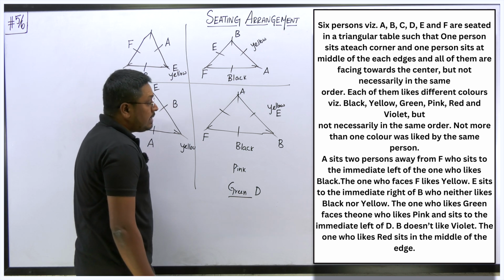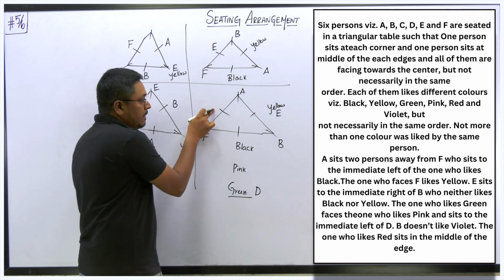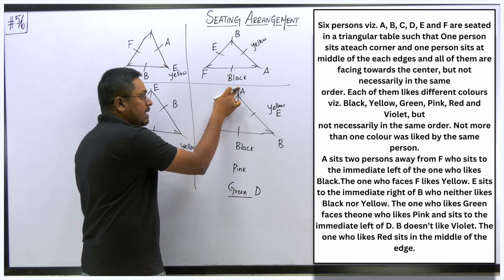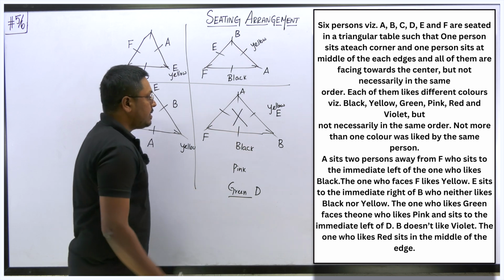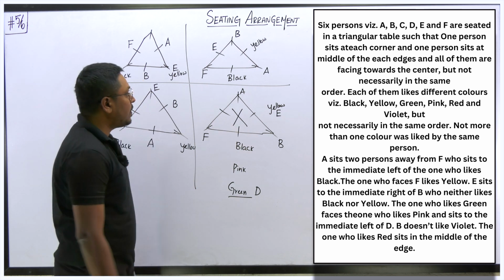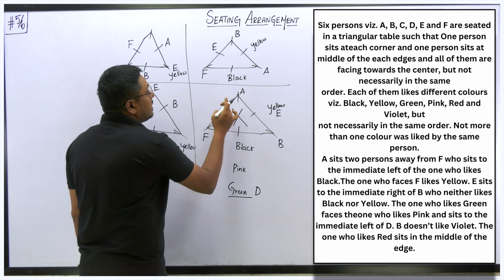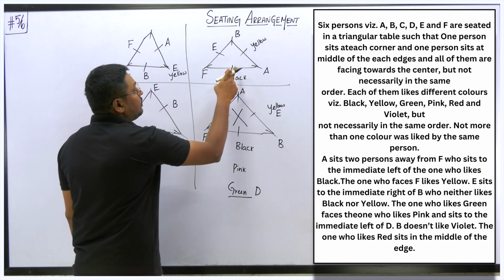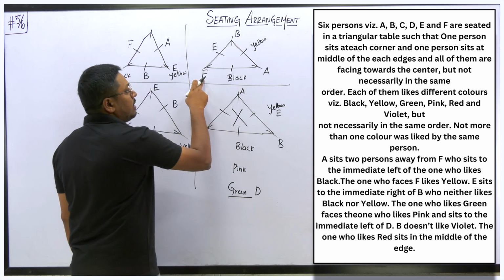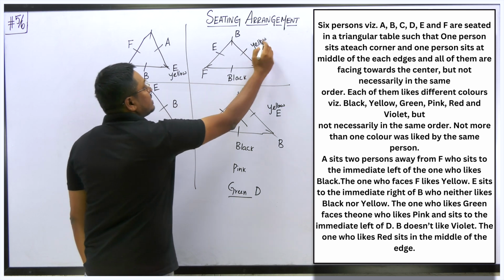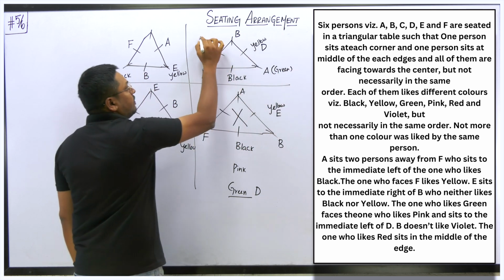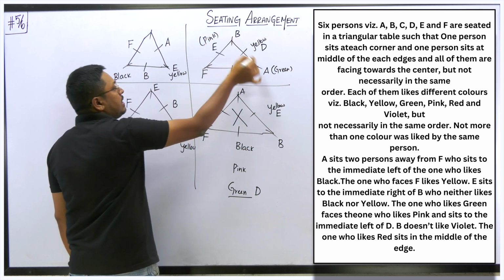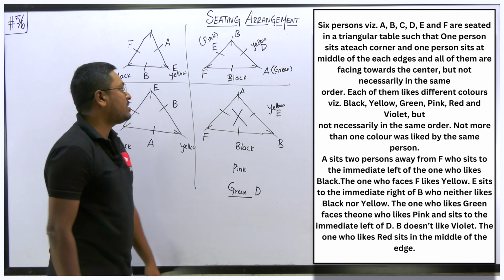If you fix D here, if this person likes green, this should be pink. So we are not getting the answer in the possible diagram, so it is completely wrong, right? So if you fix D here, this will be green, not possible. So if you fix D here, this will be green and this will be pink. The person who likes green is facing opposite to the person who likes pink, one possible diagram.